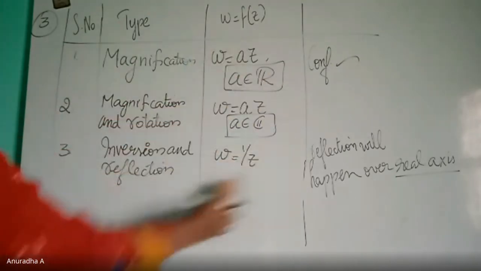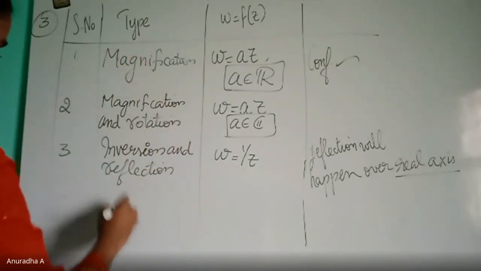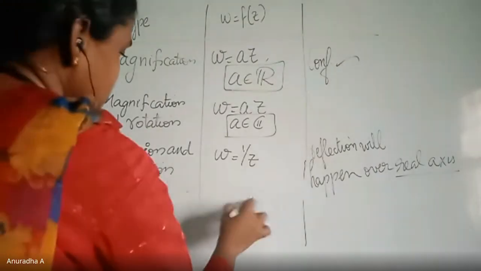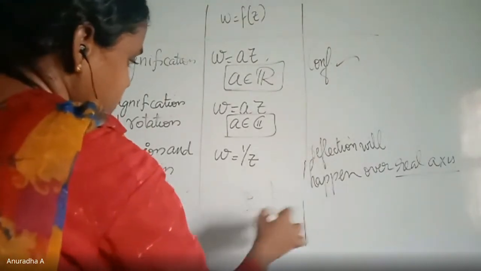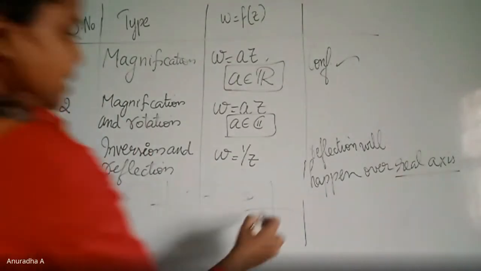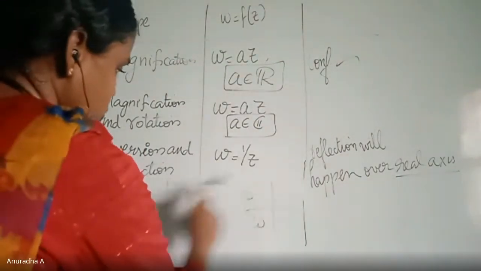So sums for here, how they will ask, I told you already. They will give in Z domain some region, and we have to find out in W domain what is the corresponding F function. F function also they will say. They will ask you what is the corresponding structure here. But think from an MCQ point of view: will they be able to give so many questions here?